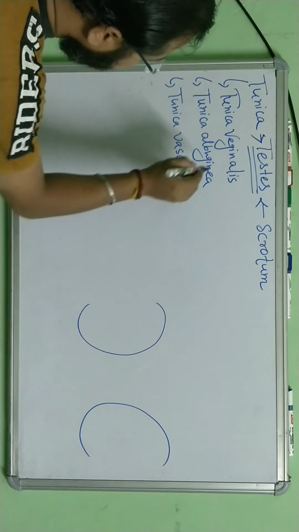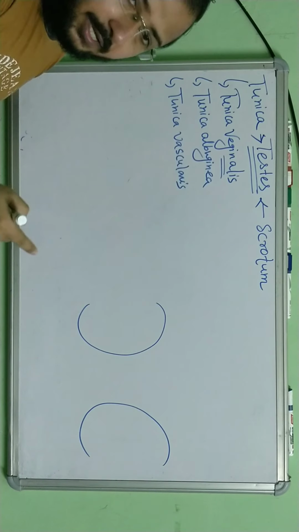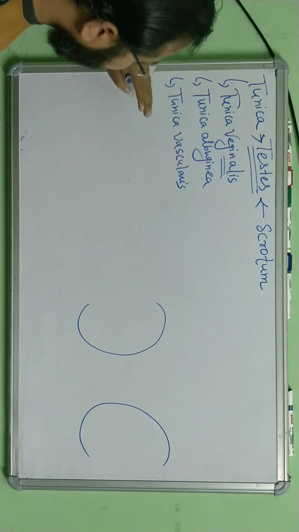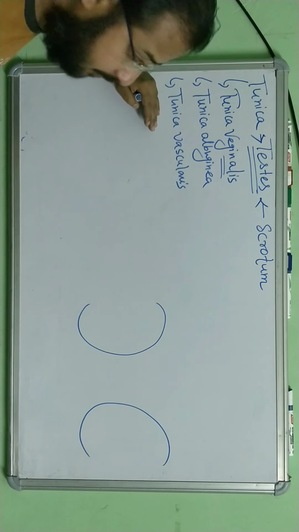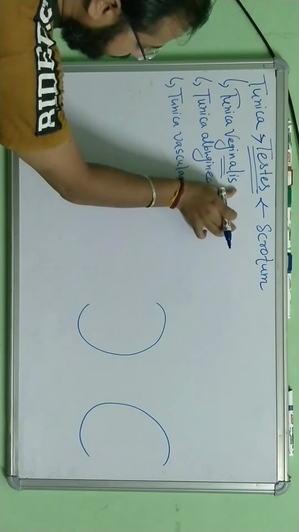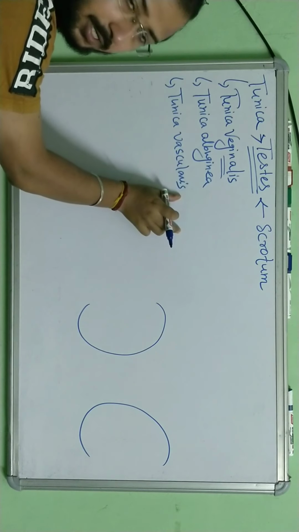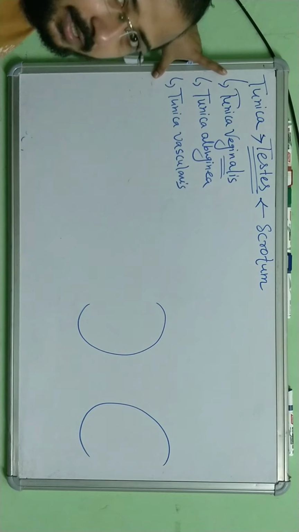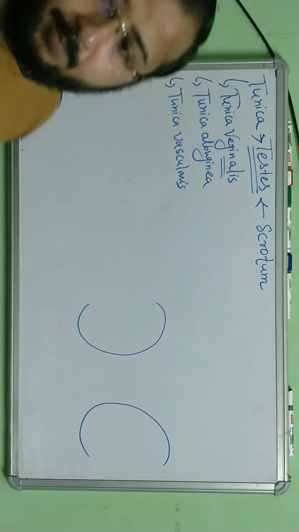Now this is the outermost layer, then the middle one is tunica albuginea, and the innermost is tunica vascularis. So in the bracket you can write: outermost, middle, innermost layer. These three consecutive layers are found in the tunica, the membrane.